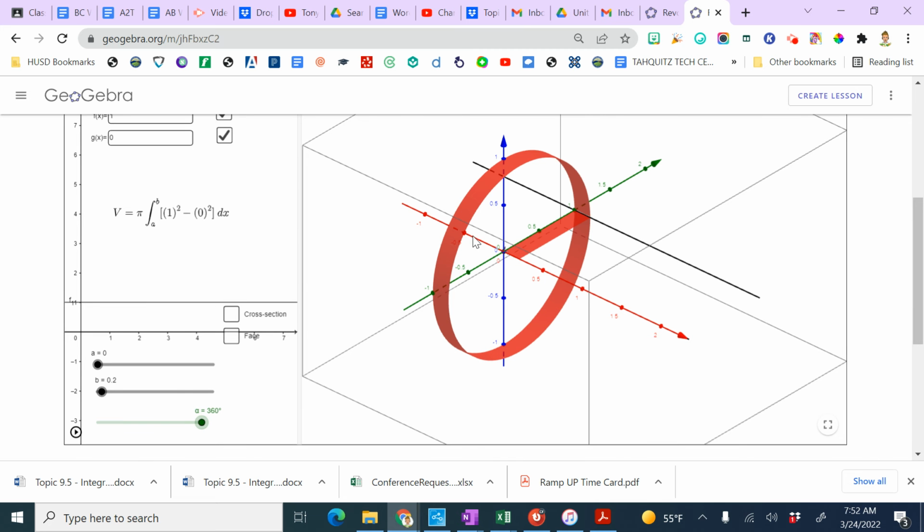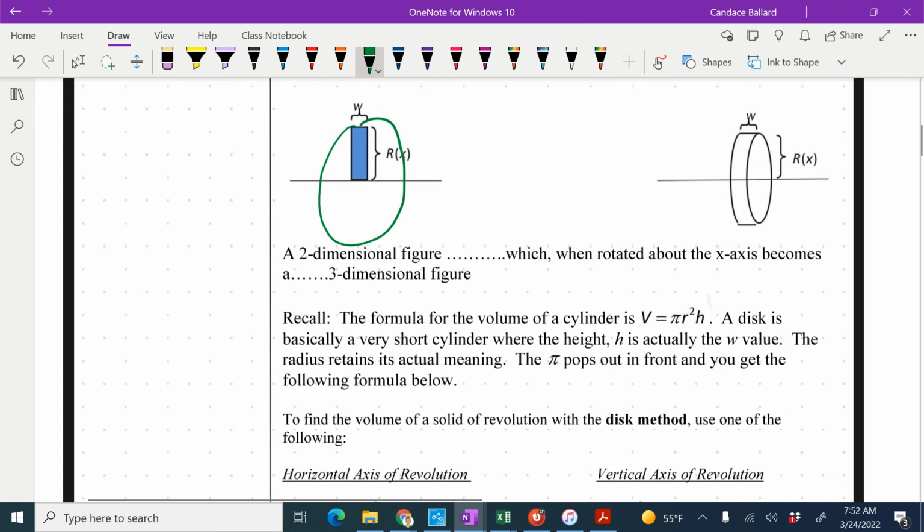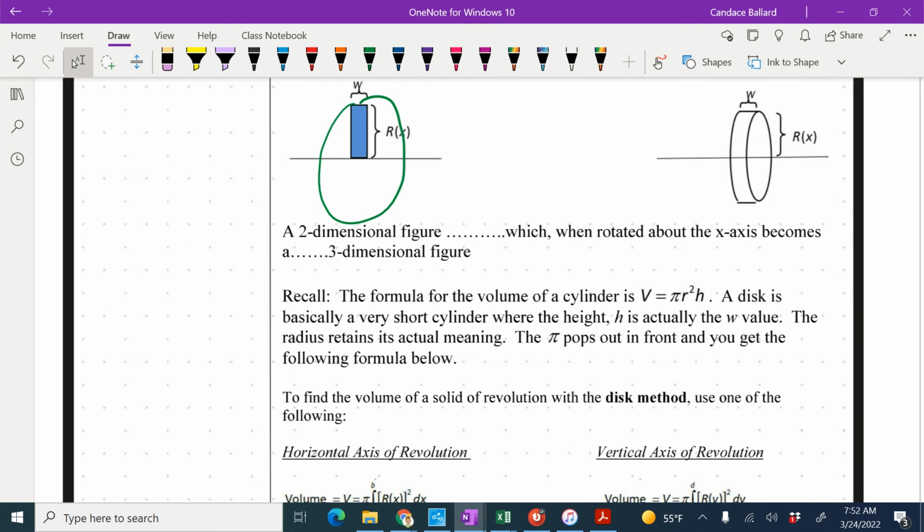In theory, this particular applet doesn't make it look solid, but you have to envision the fact that this is actually solid. All right, so a two-dimensional figure, which is rotated about the x-axis, becomes a three-dimensional figure. So that's what they're talking about here. We're taking this little rectangle, we're rotating around that axis. So we're going to develop the formula for that.